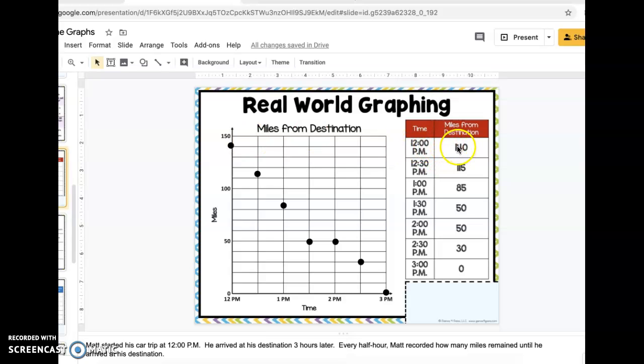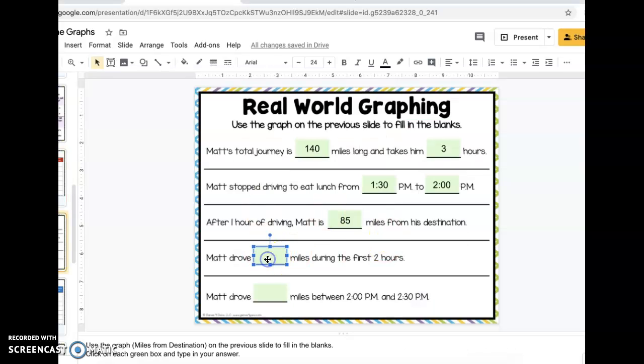So 140, this is 1 hour, this is 2. I'm going to, on a piece of paper or whiteboard, say 140 minus 50. I'll give you a chance to solve that and pause. Okay, if you said 90 miles, you are correct. So, he drove 90 miles in those first 2 hours.